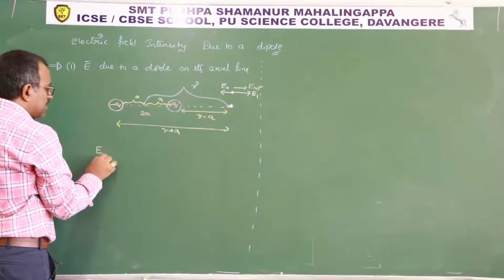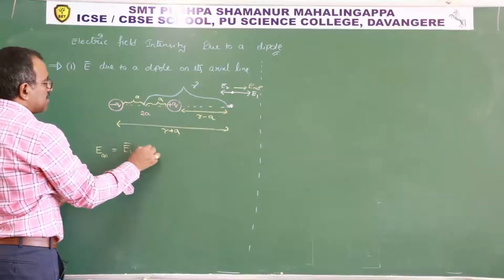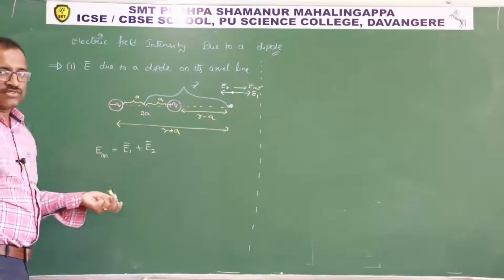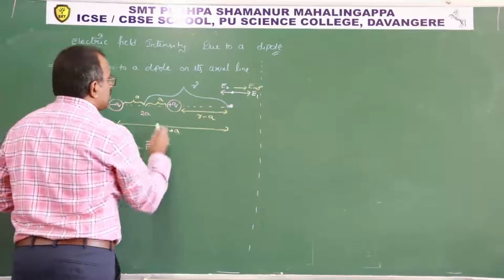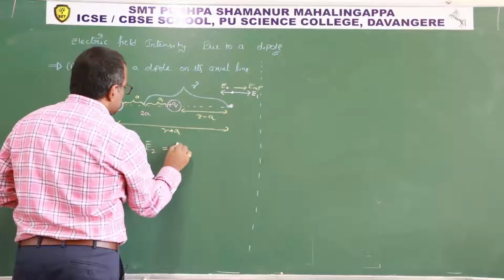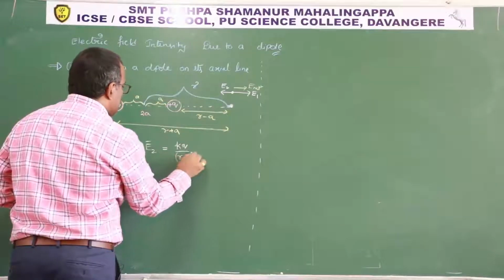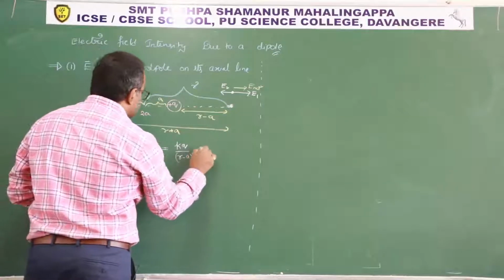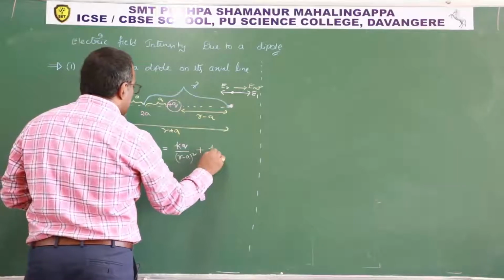Electric field on its axial point will be E1 bar plus E2 bar. Of course, you studied in board. What is E1 bar? Due to plus q here, kq upon (r minus a) square, because kq by r square. Clear? Both are in same direction, so no need to worry, plus k.